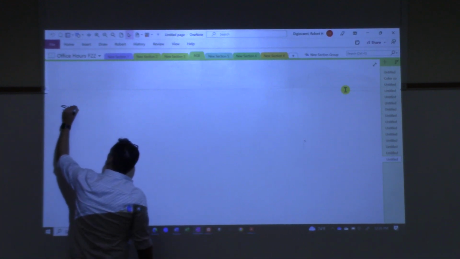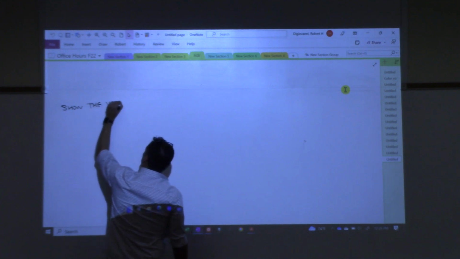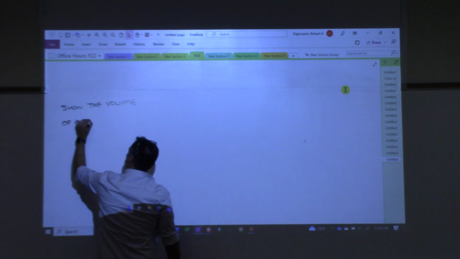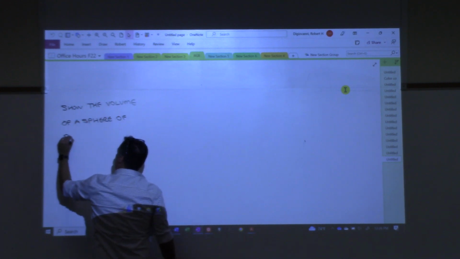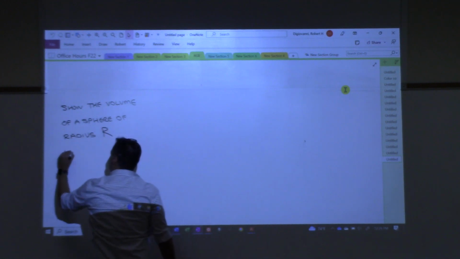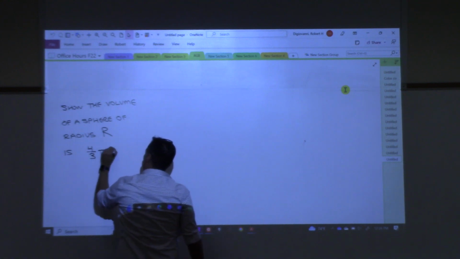Show the volume of a sphere of radius capital R is 4/3 pi r cubed.